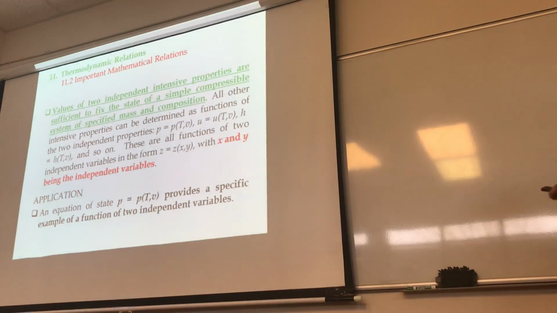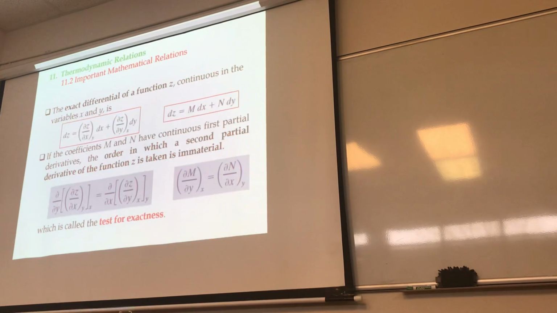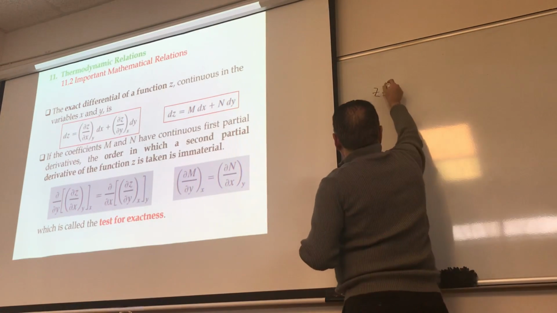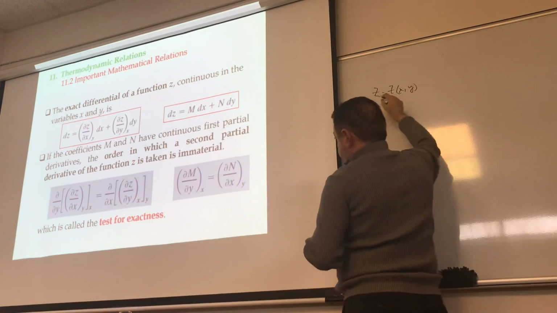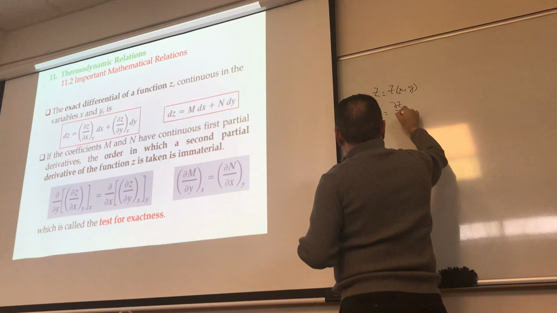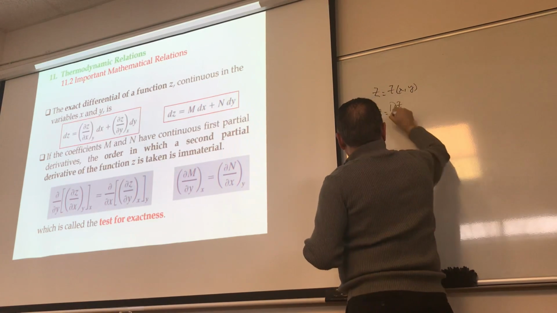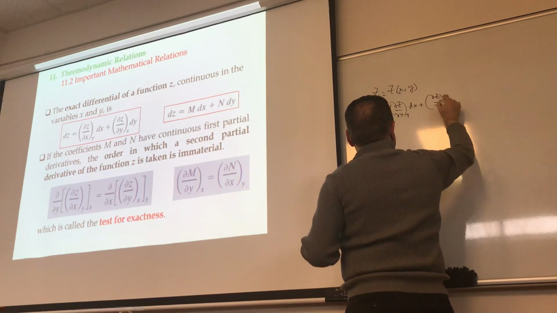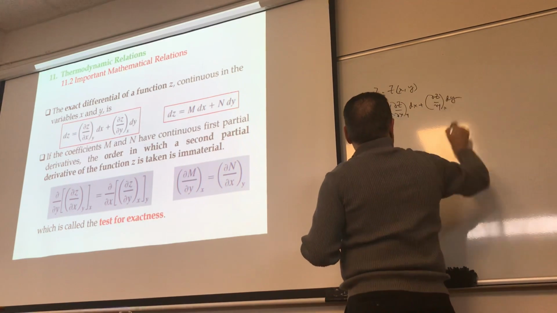So if you look at an equation of state, Z = Z(x,y), it could be something like P, which is a function of T and V, 2 independent variables. As I mentioned before, the differential dZ is equal to (∂Z/∂x) with y constant, times dx, plus (∂Z/∂y) with x constant, times dy.